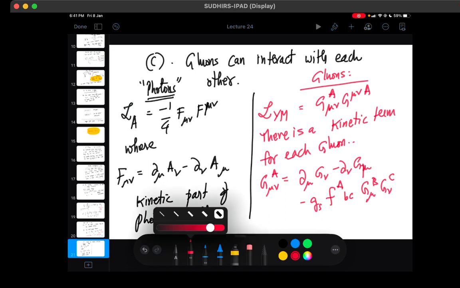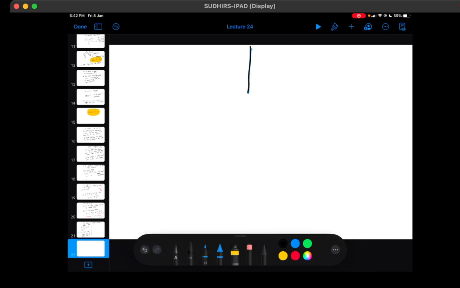The kinetic terms of the gluons are 8 in number and they are coupled with each other.